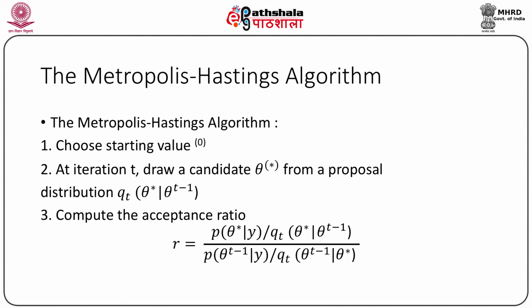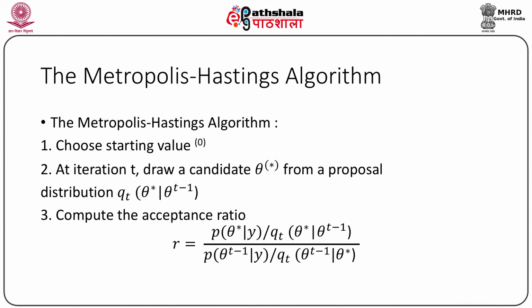The Metropolis-Hastings algorithm follows the following steps. Step 1, we choose a starting value, theta 0, say. At iteration t, draw a candidate theta star from a proposal distribution q sub t of theta star given theta t minus 1.